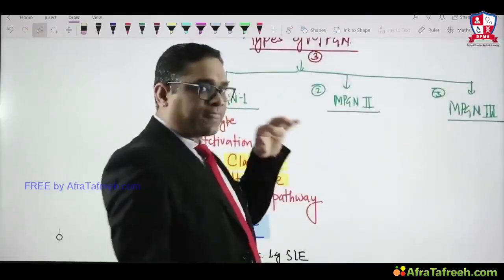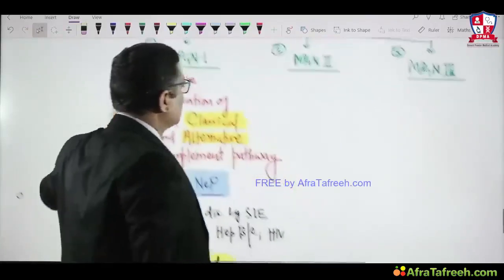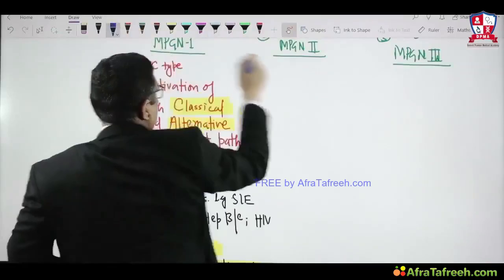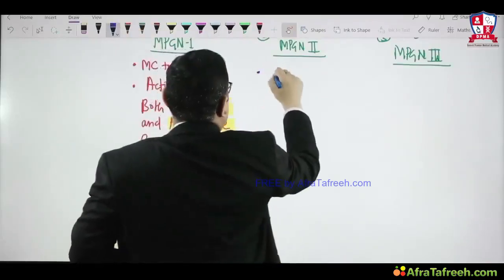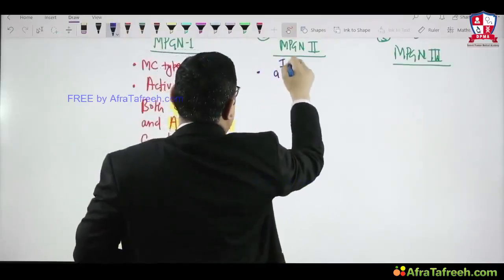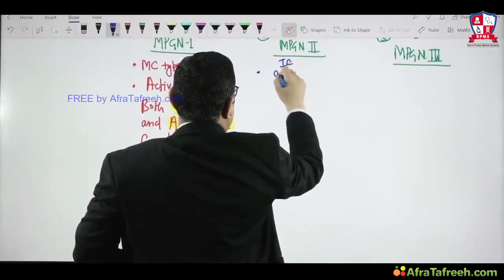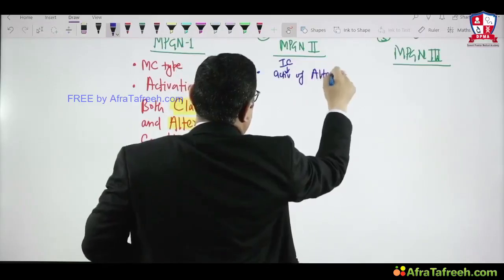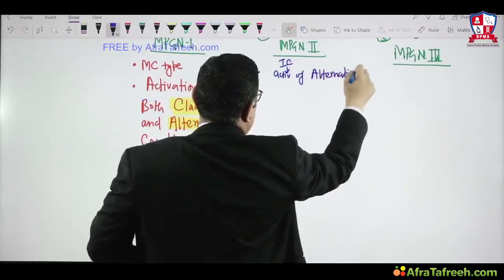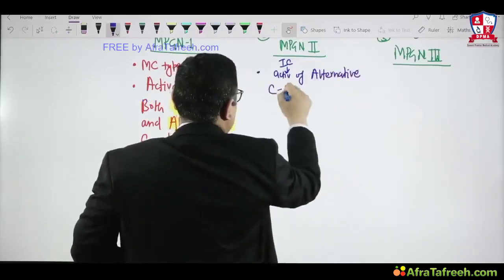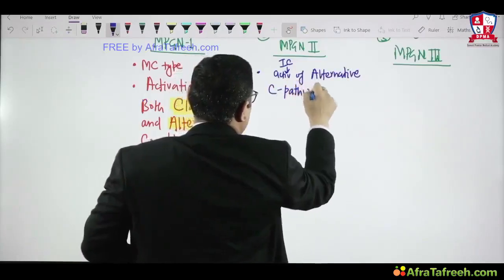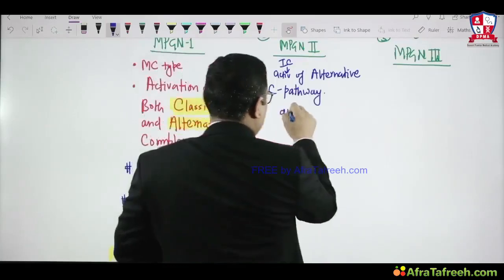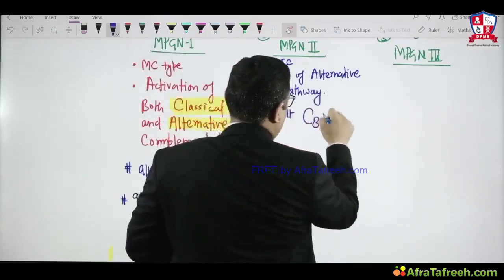MPGN type 2 is the second most common type, and in this, immune complexes are formed due to activation of the alternative complement pathway because of the presence of C3 nephritic factor.